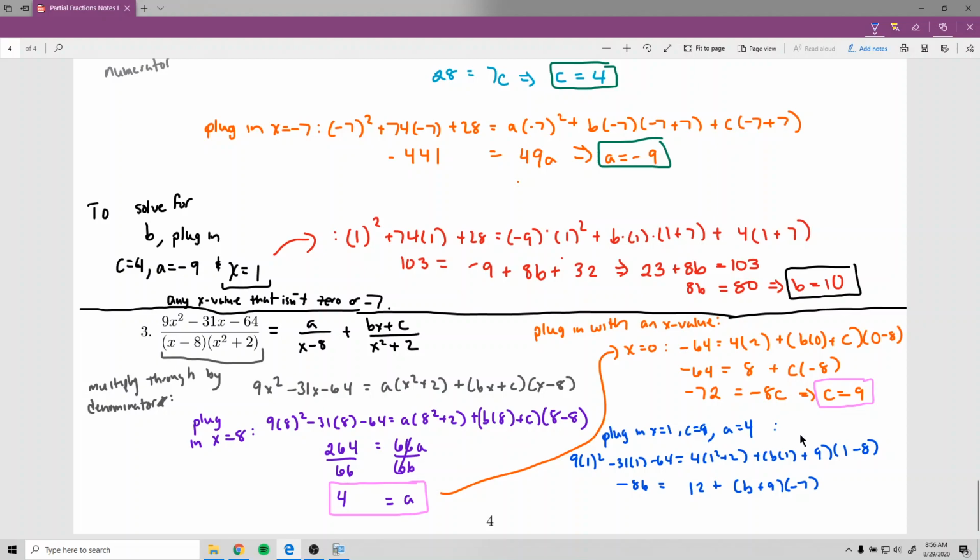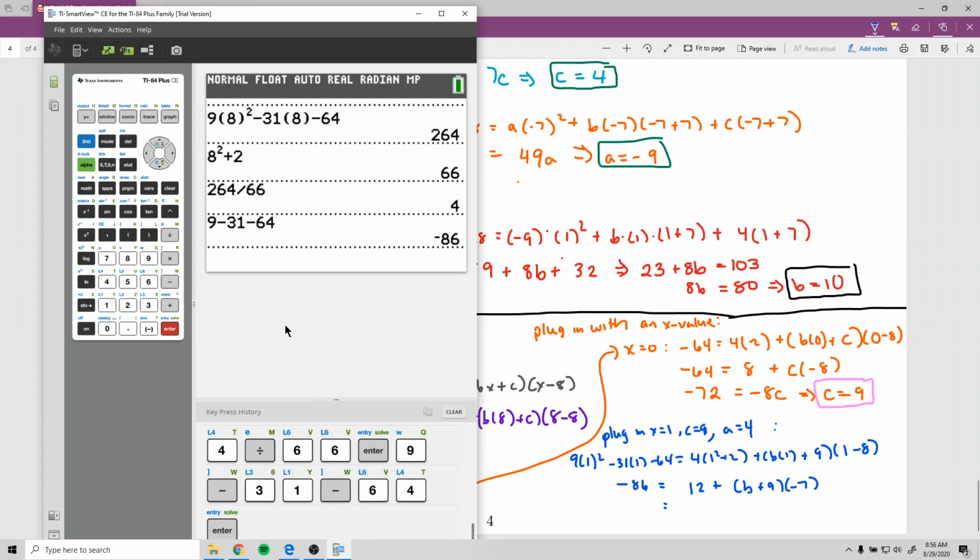Right, and it's totally up to you how you solve it from here. You solve equations like this plenty of times. You can distribute the negative 7 or you can subtract the 12 and then divide by the negative 7. It's totally up to you. I'm going to, for the sake of space here, subtract the 12 first because it should be a little bit quicker.